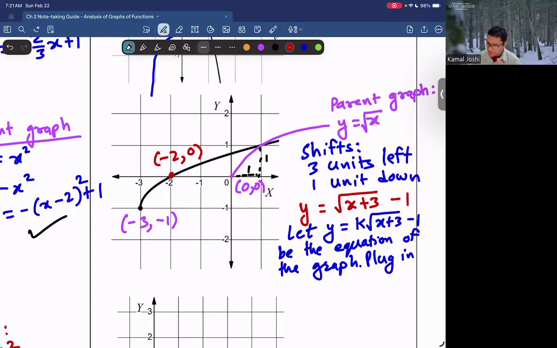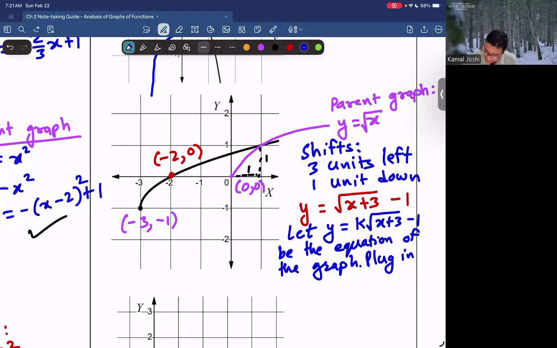Okay, I'll choose some other point, not the starting point. If you plug in minus 3 here, it will become 0, minus 3 plus 3, and then you will not get the value of k. The goal of choosing a point is you plug in that point and find the value of k. Okay, so choose a point somewhere randomly in the middle of the graph.